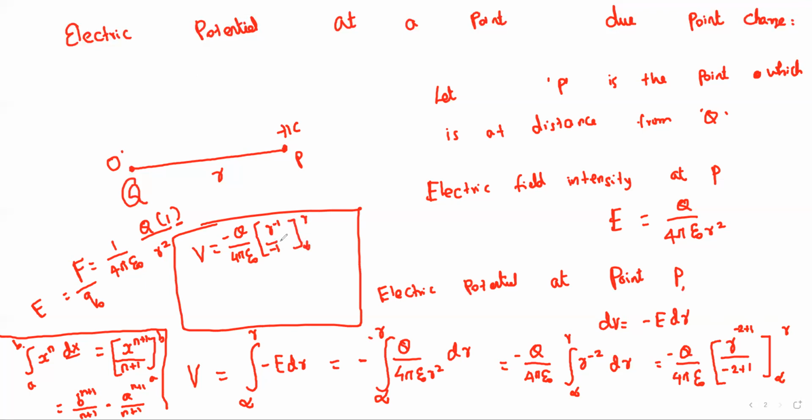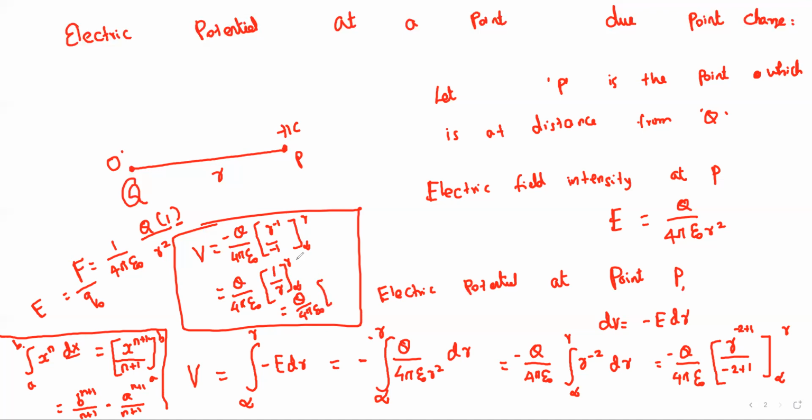Minus 2 plus 1 is minus 1, and you can take this minus 1 outside. So this will be Q by 4 pi epsilon 0, because this minus and this minus are getting cancelled. R to the power of minus 1 is nothing but 1 by R to the power of 1. In that only you have to substitute the limit. If you substitute the upper limit, what do you get?